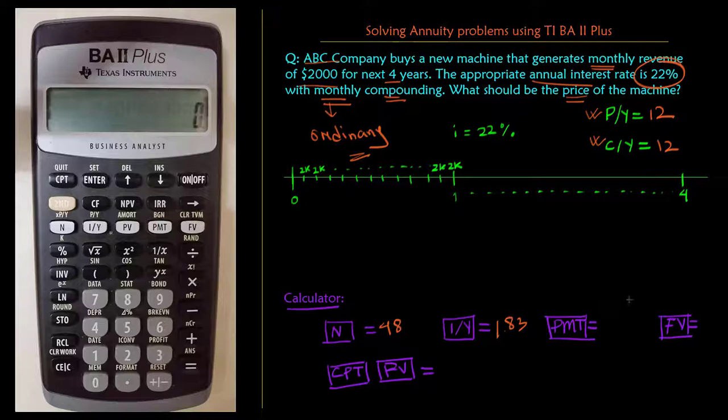Alright, now payment is $2,000 and there is no mention of any future value, so put 0 here. And now to solve for present value, press compute, then press PV. Now let's give these inputs to the calculator and calculate the present value.